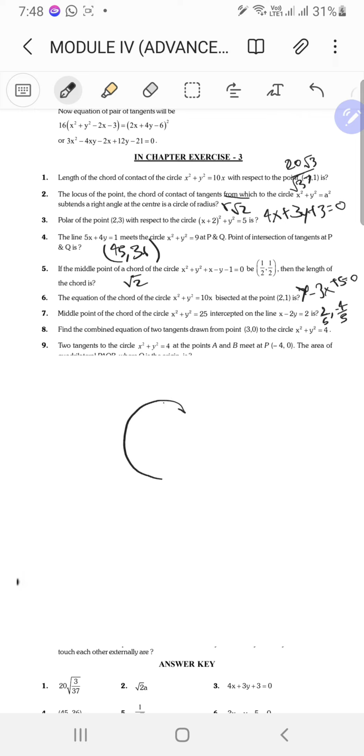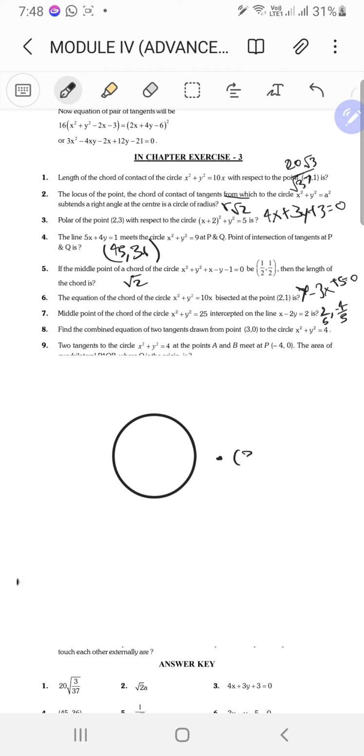So you got something like this, you got a circle, right? x squared plus y squared equal to 4, and you got a point (3, 0). So let's just draw it picture perfect.